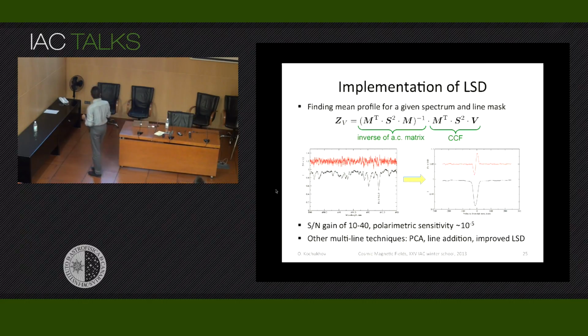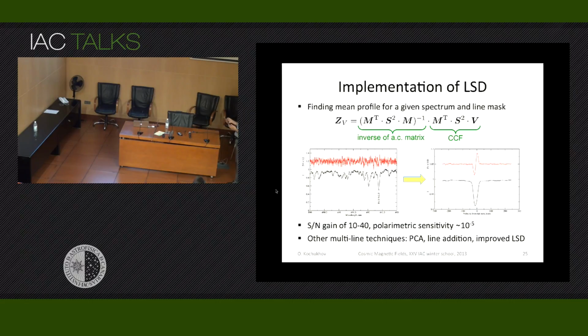And this method, combined with some observational tricks that I'm going to explain later, allows us to go down to polarimetric sensitivity of 10 to the minus 5. That's the current state of the art in stellar spectropolarimetry.